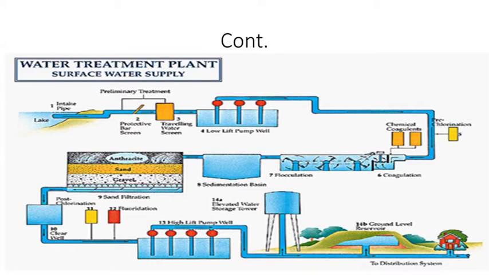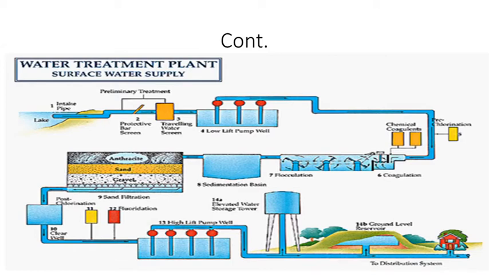That is the basic definition of filtration. The water obtained after the filtration process is odor-free, color-free, and free from impurities and bacteria, and that water you can use for consumption and drinking purposes.